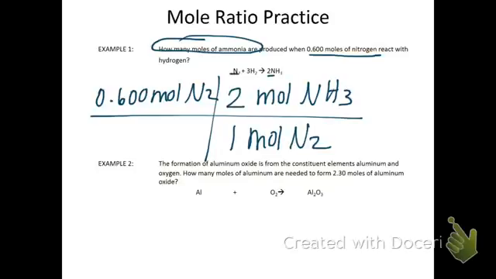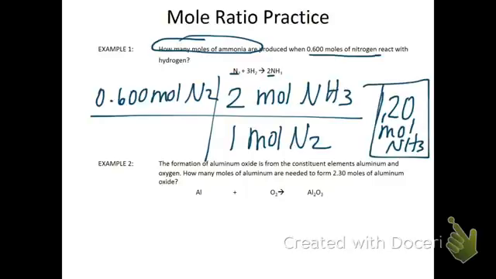So in front of nitrogen is a 1, in front of ammonia is a 2, so it's 1 to 2. And of course, if we do that math, we can do that one in our head. Our answer is 1.20, because we need 3 significant figures, moles of NH3. I heard someone go, yep, significant figures are still into play. Match your significant figures to what's given to you. That's what you're going to match it to. Okay?